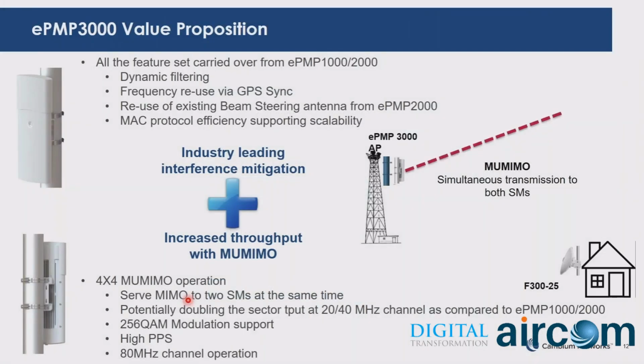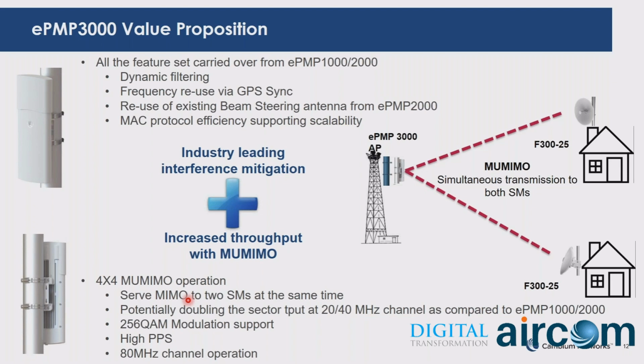Now in addition, for people that already have the ePMP 2000 or ePMP 1000 in their network, they might be wondering, how are we going to support our subscriber modules if we migrate to ePMP 3000?